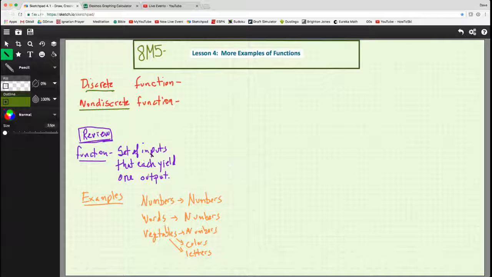It's a set of inputs that yield one output. We can often look at it in a table like this, say the number of apples and then the cost of apples. Remember, we look at functions as tables, graphs, equations, and word problems.